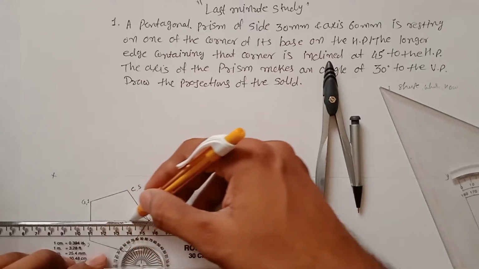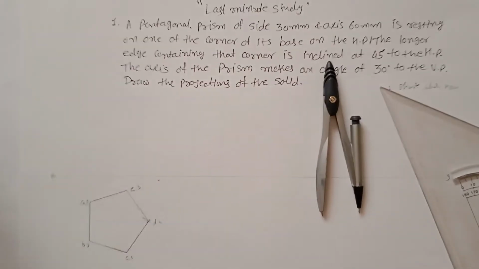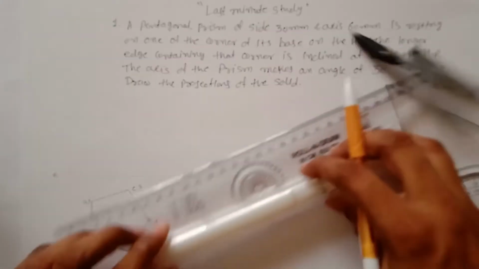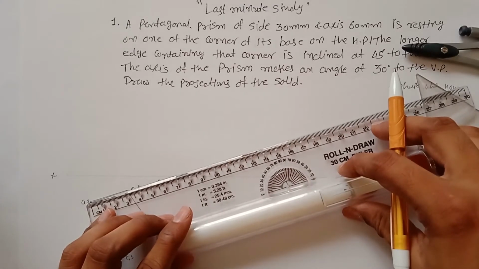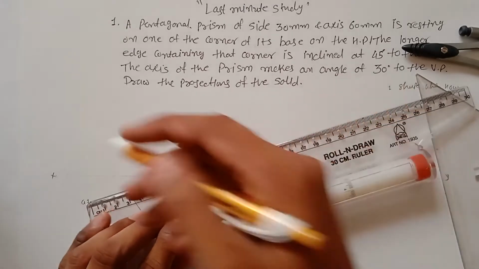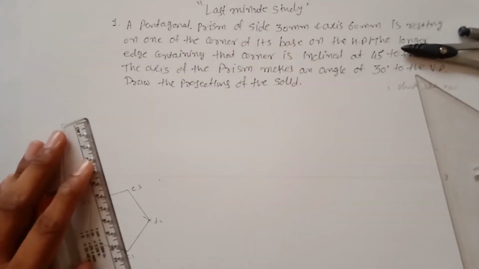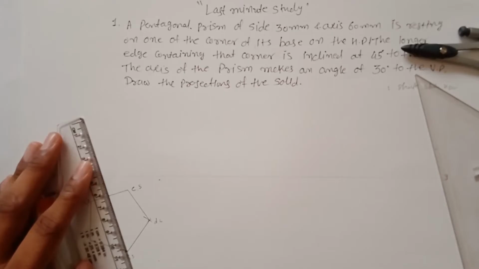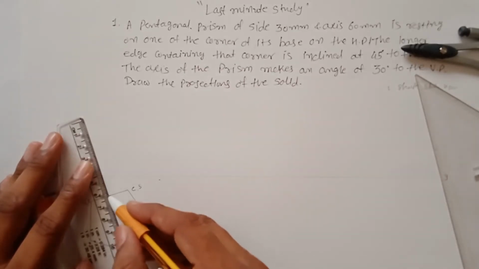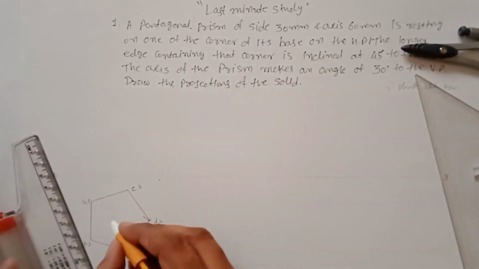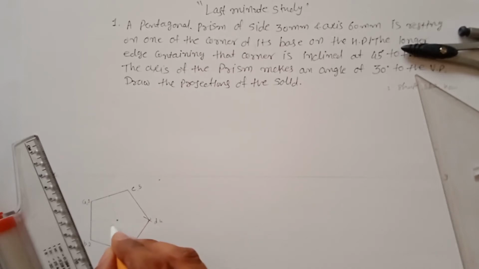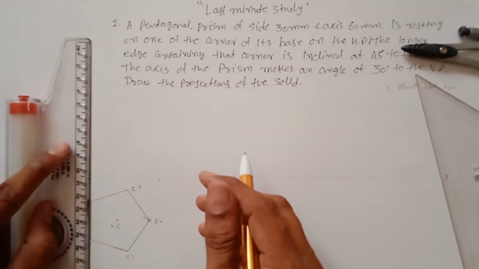Just draw it very lightly, because you don't need this kind of lines in a prism. In a pyramid you have to draw this kind of lines in solid form, but don't be confused with the prism. You just have to find out the center point of it. So this point is your center point, O1. Now you have to draw the projections of it.